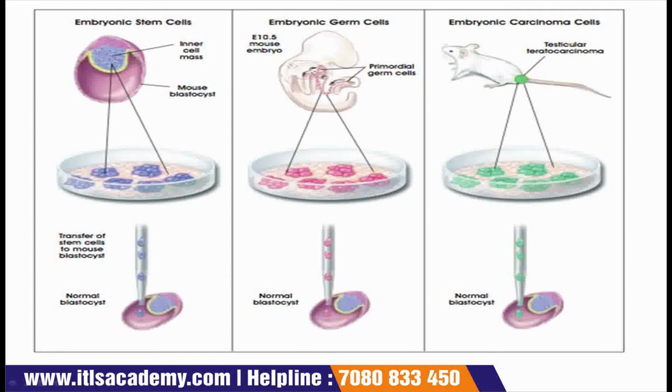Next comes embryonic carcinoma cells. These are taken from testicular teratocarcinoma. These are taken in culture media, and again you can see here normal blastocyst.